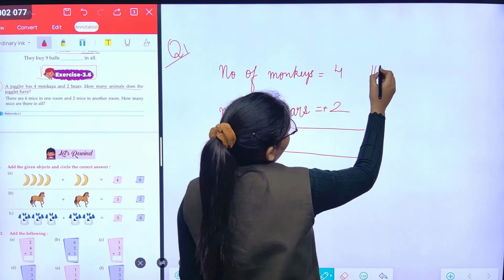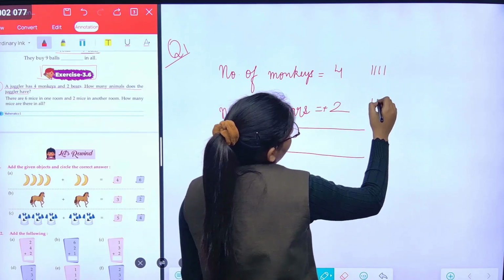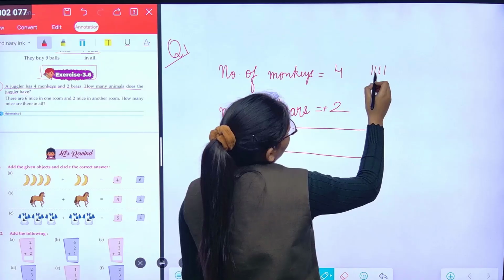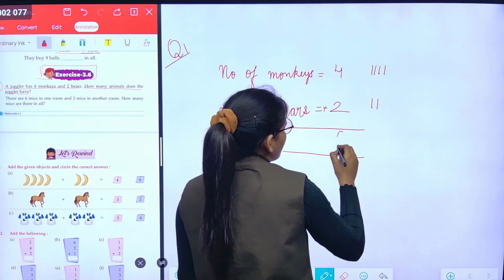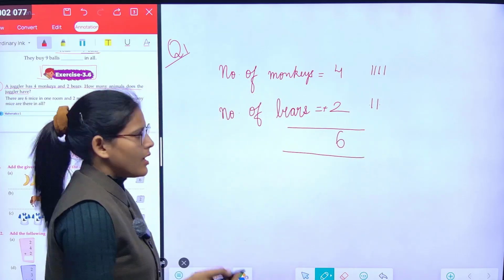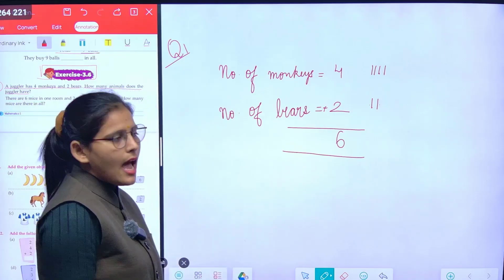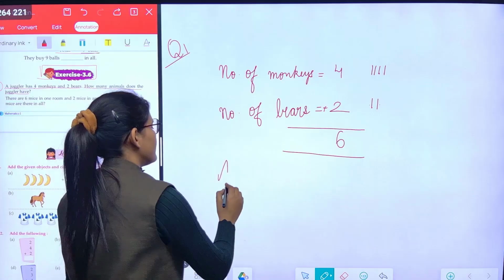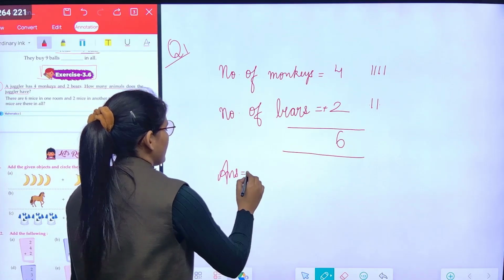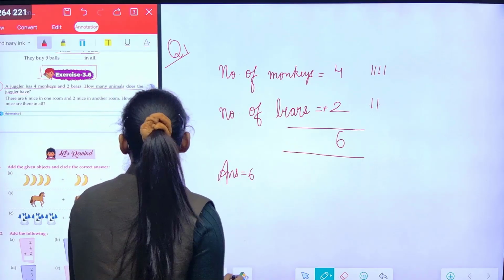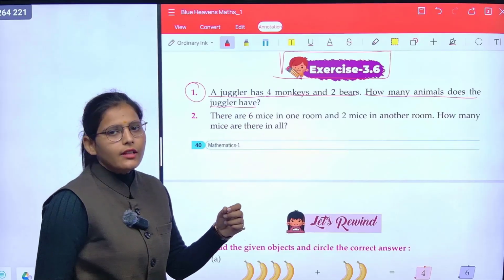Write 4 standing lines. Here are 2, 1, 2. Count them: 1, 2, 3, 4, 5, 6. So 6 animals. Total animals is 6 animals. The juggler has 6 animals. Answer is 6. Okay. I hope you all have understood this question very well.